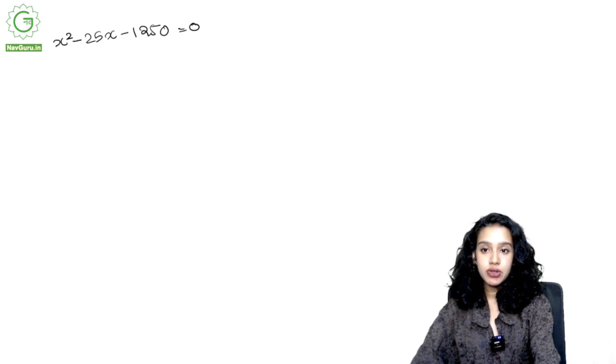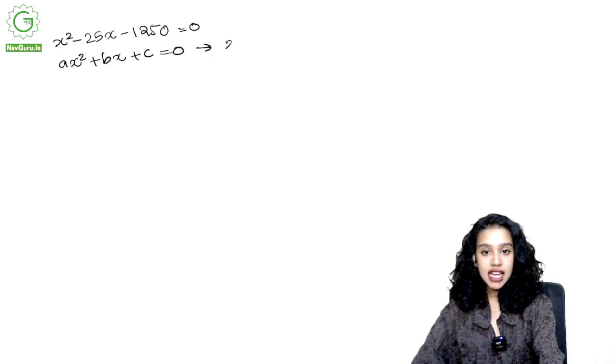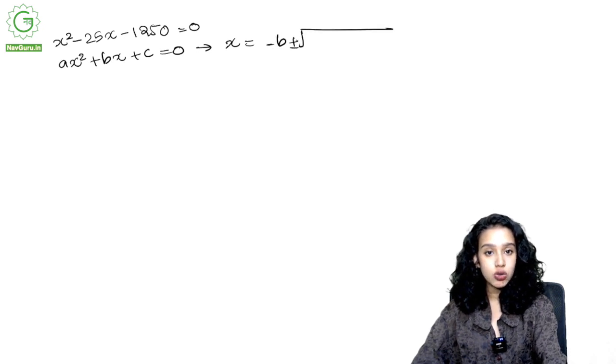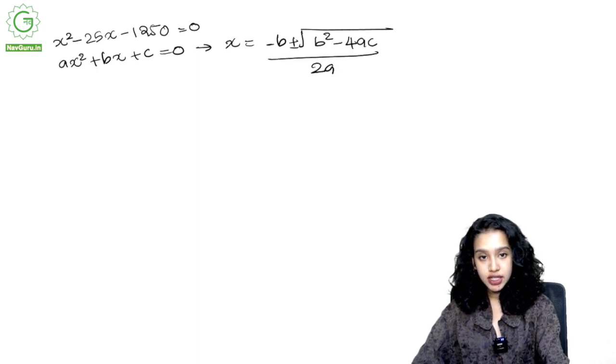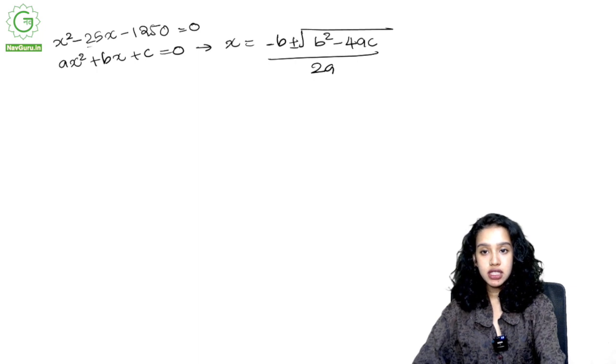For ax square plus bx plus c is equal to 0, x is equal to minus b plus or minus root of b square minus 4ac divided by 2a. Here b is this term, a is the coefficient of x square, and c is this term.